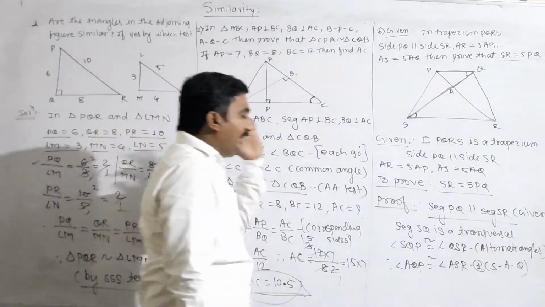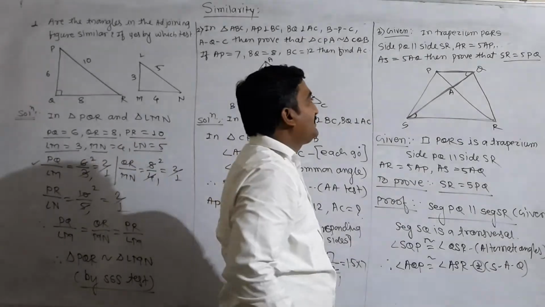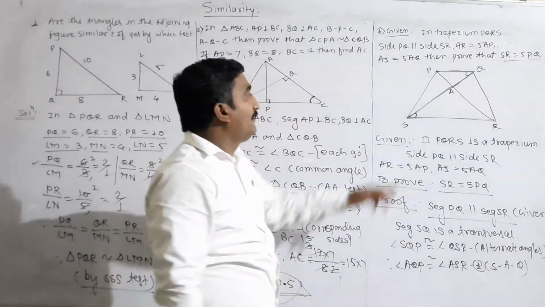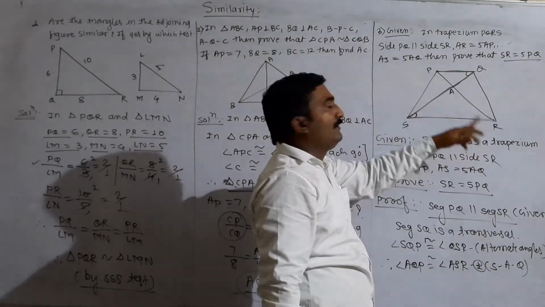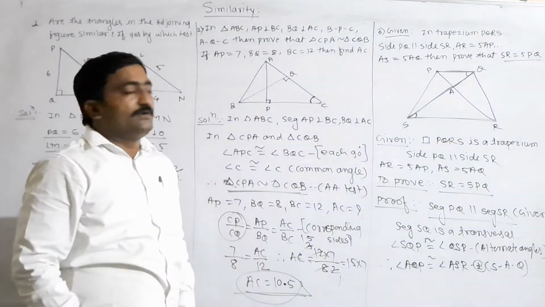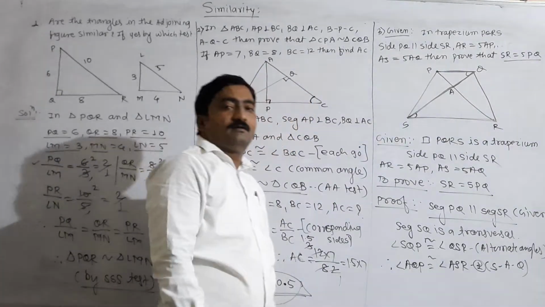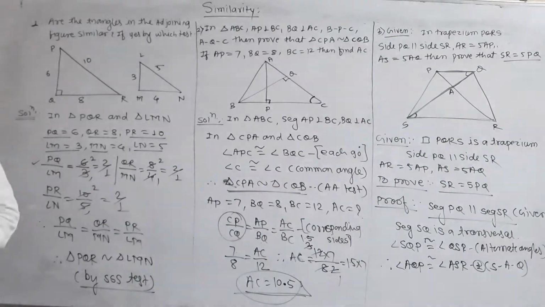Then we have to show that two triangles are similar. Which two triangles? Triangle AQP and triangle ASR. We have to show that these two triangles are similar, and by which test.